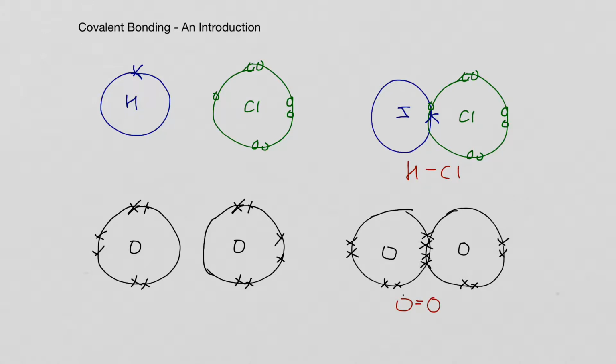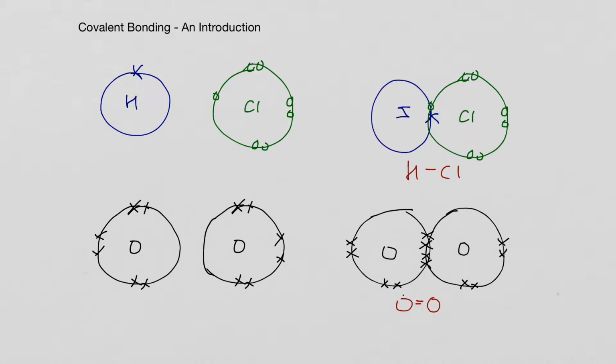Remember, one bond is 2 electrons, 2 bonds is 4 electrons. The co bit, co in English means sharing, to share things between them, and the valent is the outer electron. So what we're doing is sharing the outer electrons.